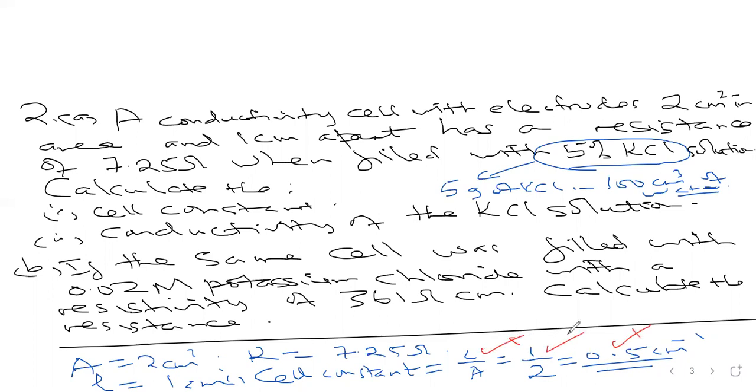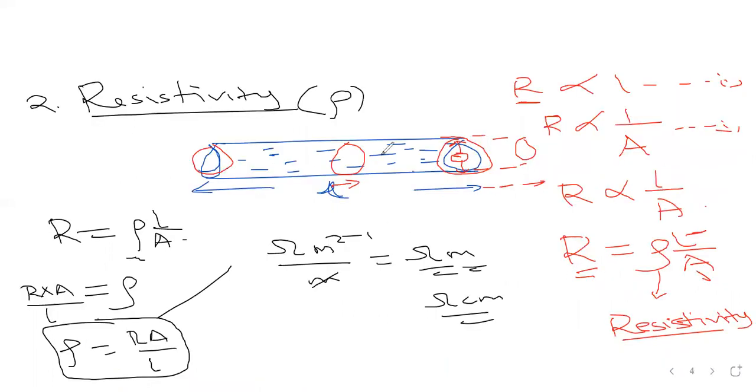What next do we need? We need to get the conductivity of the potassium chloride solution. They talk of conductivity here, they are talking of kappa. They're not talking of molar conductivity, because if they want molar conductivity, then they will specify. We want to get the electrolytic conductivity. That's Roman 2.